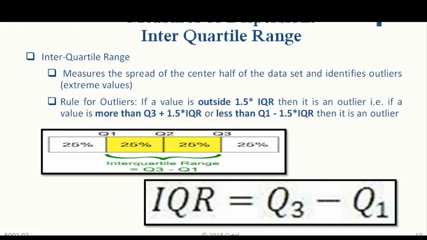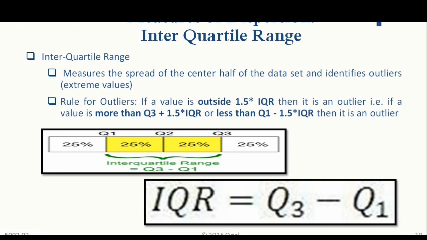In order to remove the effect of the extreme values, you concentrate on the middle observations. You forget the lowest 25% and the highest 25% of observations, which would cause an undue overestimated dispersion given by the range.